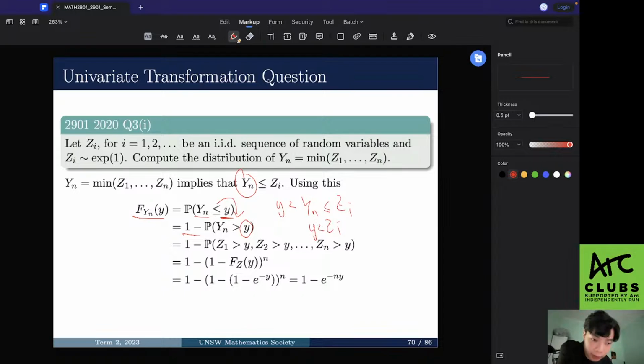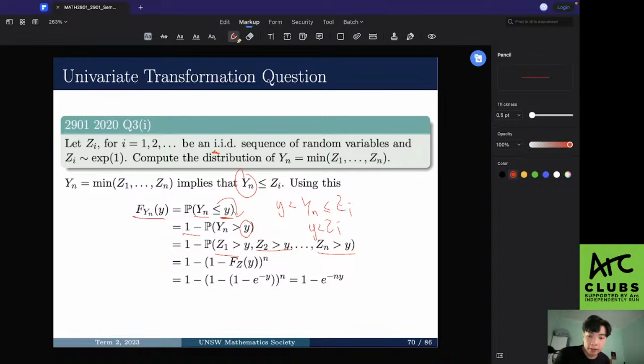So that's what we have here. y is less than z1, y is less than z2, all the way to y is less than zn. Why is this important? Well, we can use the fact that it's independent, right?